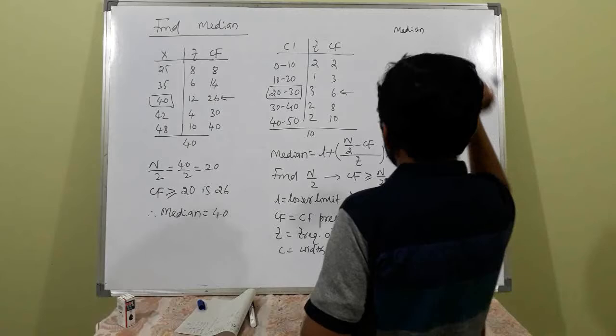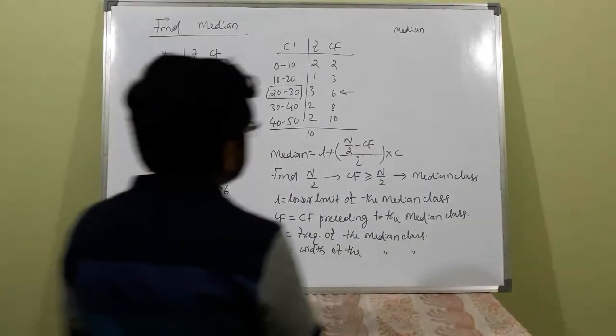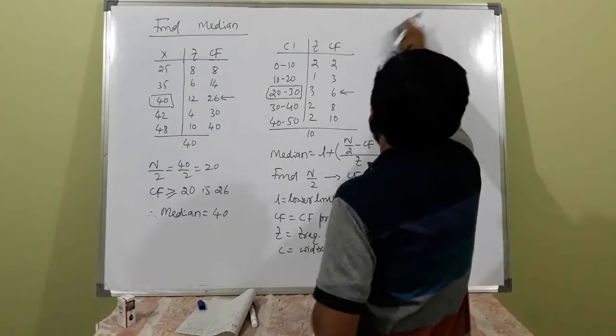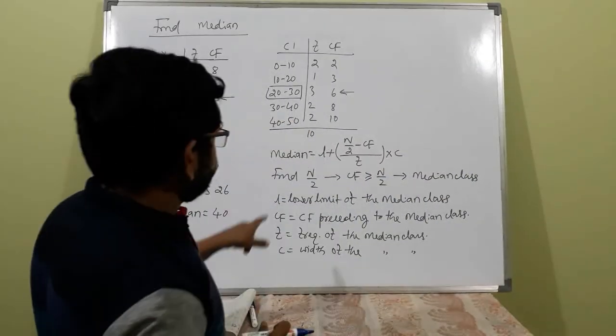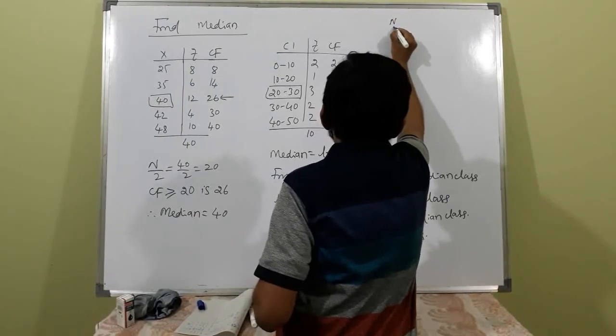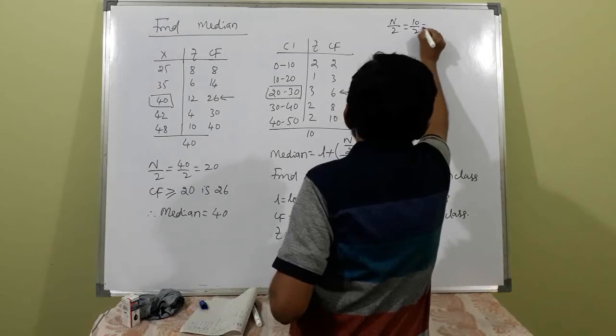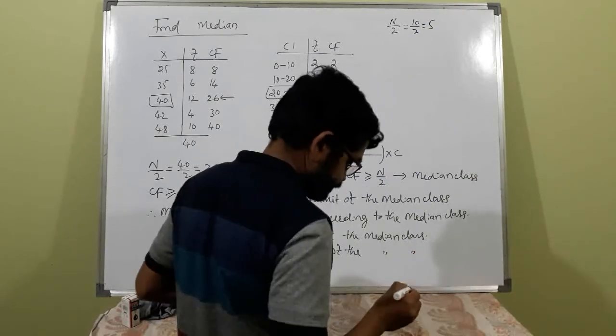Therefore, median class. n by 2 is, okay, do one thing. See, n is 10. n by 2 here is 10 by 2 is equal to 5.